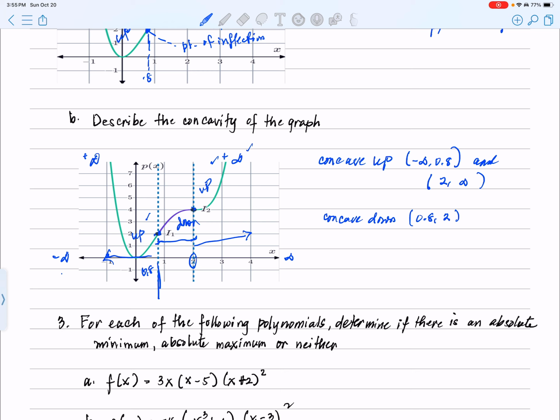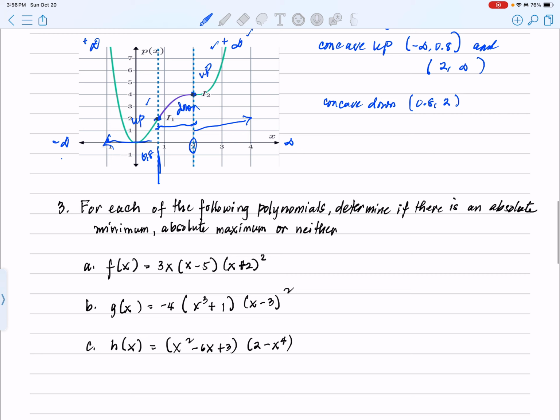So if you use a function notation here in concave up, you can combine the intervals using the function notation.